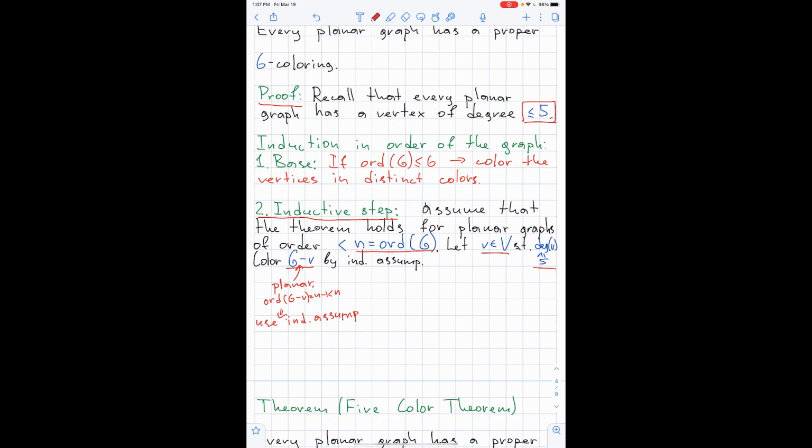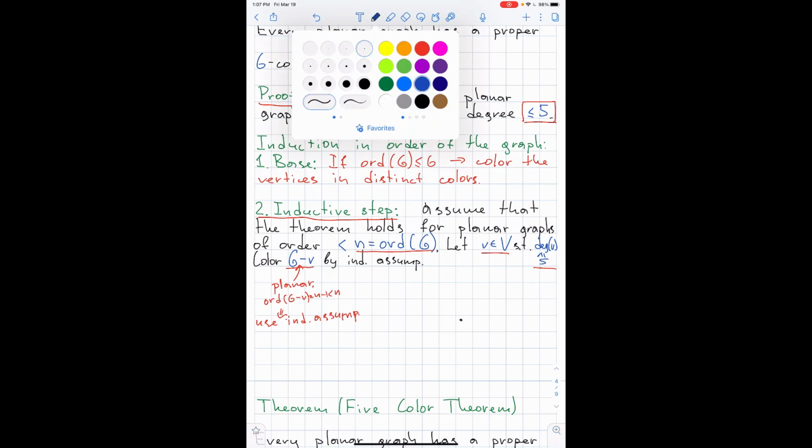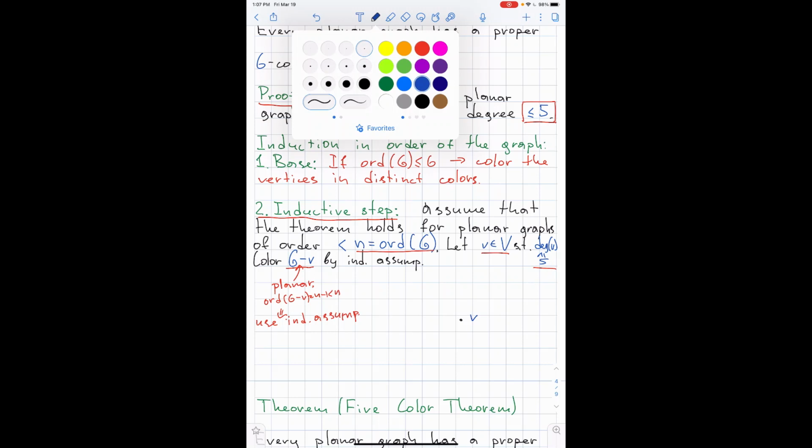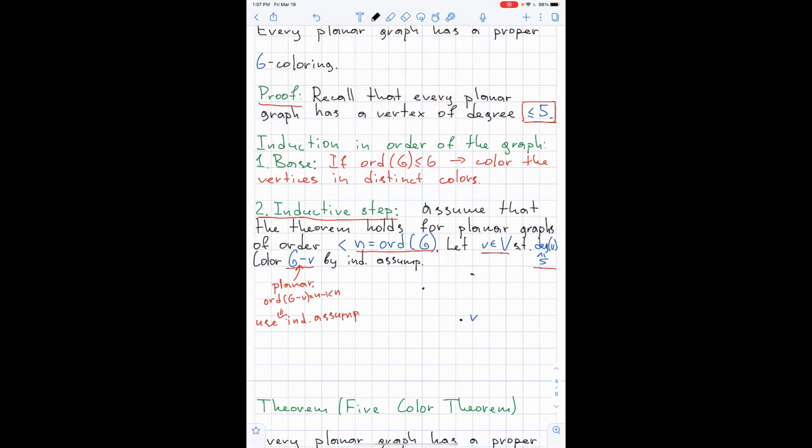So which means that we can color this G without V with our 6 colors. And now what do we do? We're going to put this vertex V back. It has degree less or equal than 5. So it has at most 5 neighbors, 5 adjacent vertices, at most, maybe even less.